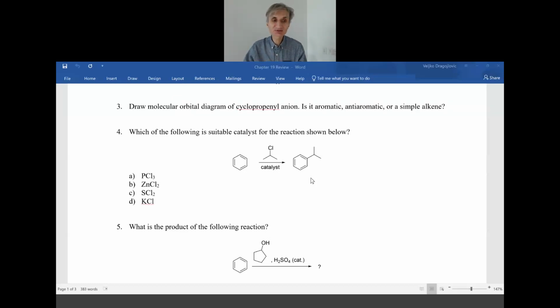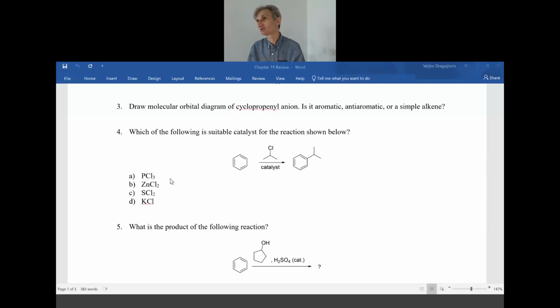And so when you consider the first one, phosphorus trichloride, again, we don't have to show free electrons, but phosphorus has 5 valence electrons. 3 are used to make these bonds. There is 1 free electron pair on phosphorus. That's actually a Lewis base, not a Lewis acid. There are some ways where phosphorus could act as a Lewis acid, but pretty weak in this particular one.